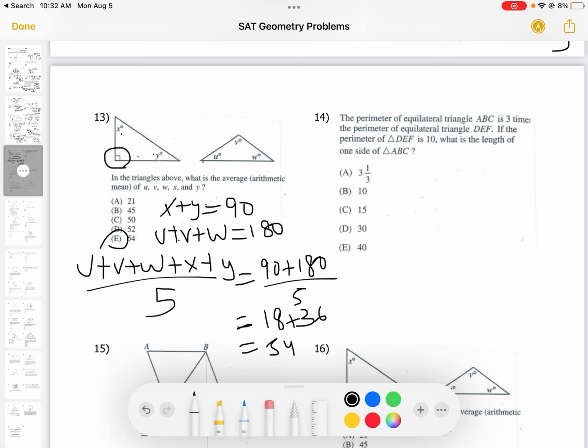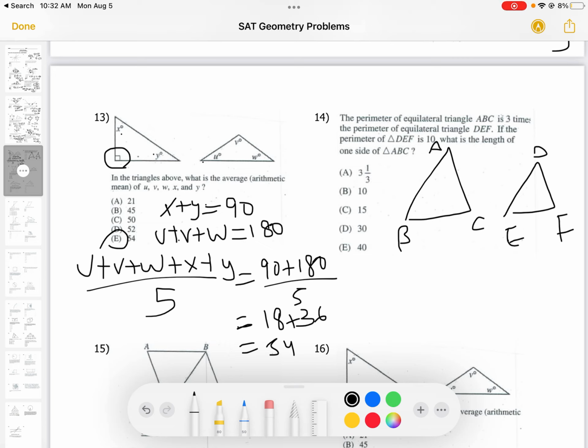Okay, number 14. The perimeter of equilateral triangle ABC is 3 times the perimeter of equilateral triangle DEF. If the perimeter of DEF is 10, what's the length of one side of ABC? Alright, so we have that, and then we have this. This is ABC, this is DEF.